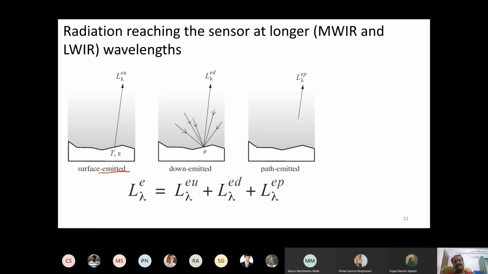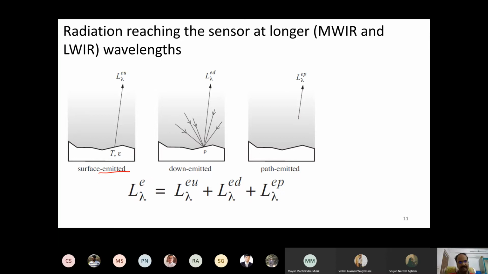So solar radiation has no role to play in that particular wavelength except for heating the Earth's surface. Solar energy provides energy to heat up the Earth's surface, increase its temperature. So Earth will emit more in that particular longer wavelength. That's it. So essentially, if the wavelength of observation crosses 8 micrometers, what we are observing is free from solar radiation term, and it has only Earth emitted components.